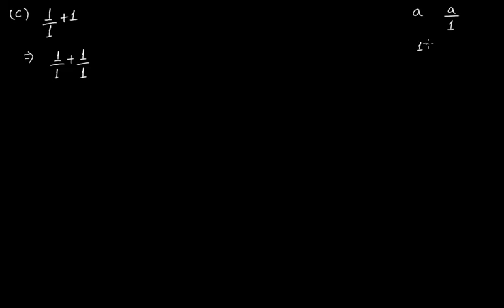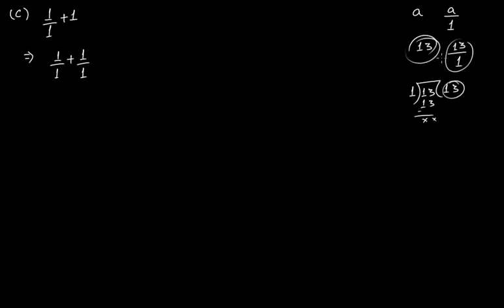If it is 13, you can always write it as 13 by 1. Why? Because if you put 1 in the denominator and solve this fraction, you always get the same number. Like if this is 13 and this is 1, if you divide it, you will get 13 only, right? So this is the answer of this fraction.